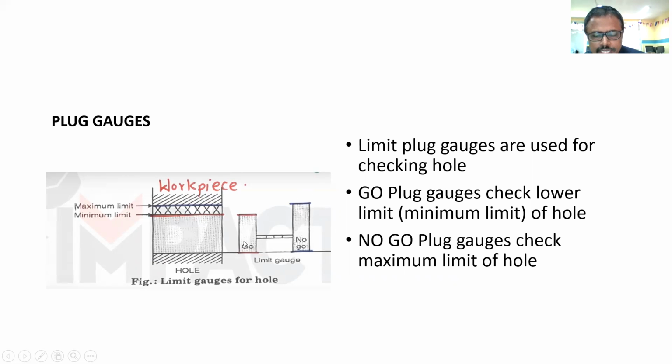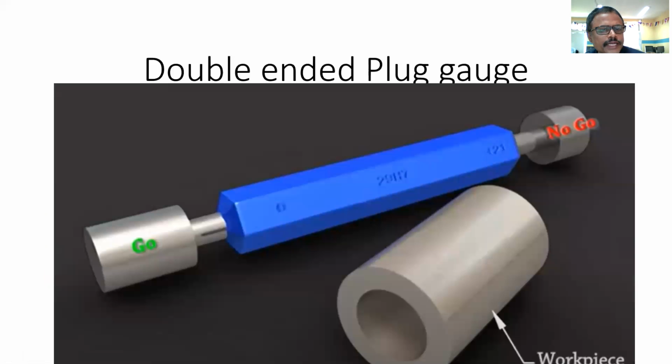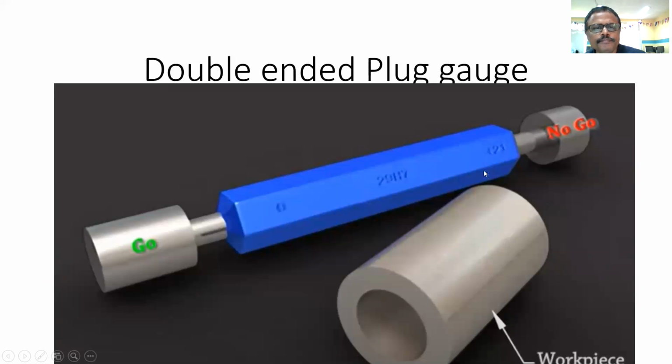Now we will see the three-dimensional object for the holes. Here you can see it is a double-ended plug gauge. That means the go gauge is here, and no go is here.